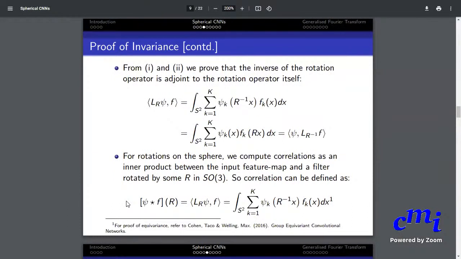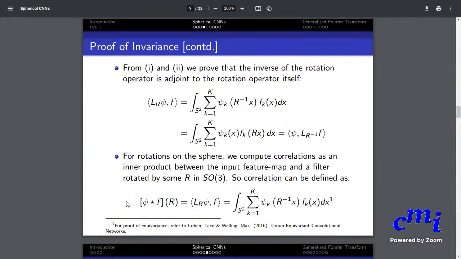No. Let me just read that equation. So the correlation between psi and F, where psi is probably your size of filter. And how do filters look like, by the way? Ma'am, we will discuss it in the further part of the slides, we will define it in the next slide.